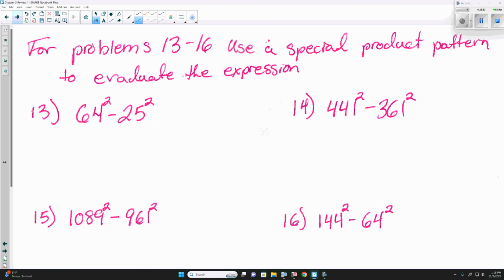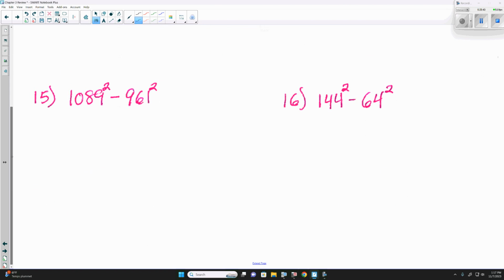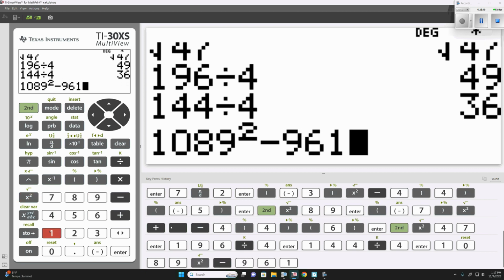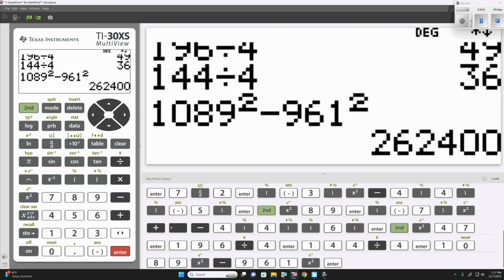13 through 16. Which one do we want to look at? Let's go 15. 1089 squared minus 961 squared. I hope no one gets any of these wrong on the test. Doing the calculator. You're about 3 zeros off.